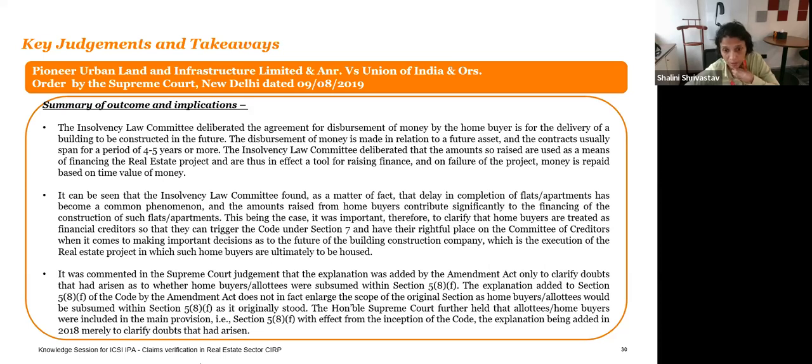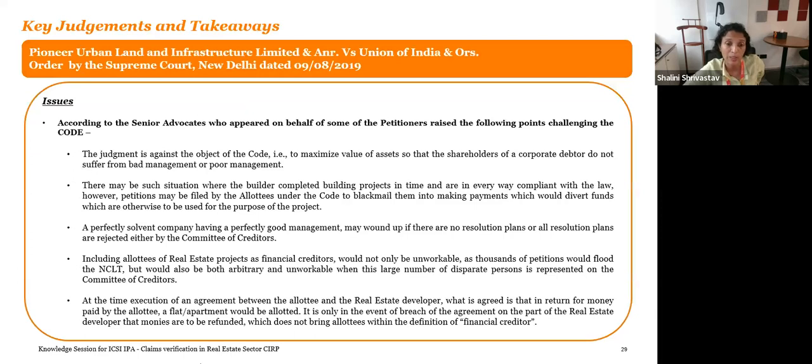There may be such situations where the builder completed building projects in time and in every way compliant with the law. However, petitions may be filed by the allottees under the code to blackmail them into making payments which would divert funds which are otherwise to be used for the purpose of the project. So these are the arguments which were being given by the parties who were challenging this aspect.